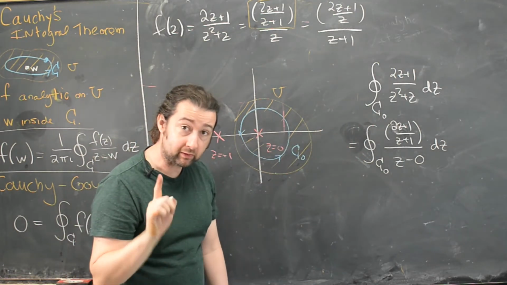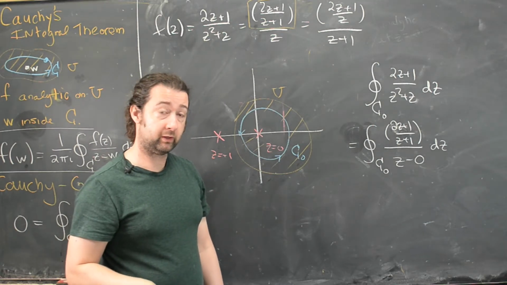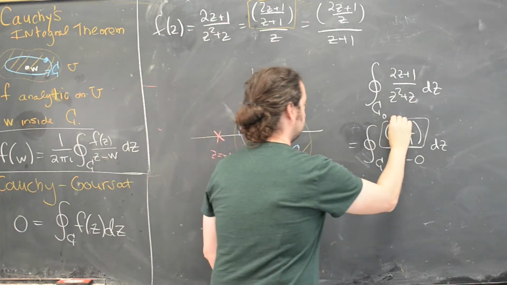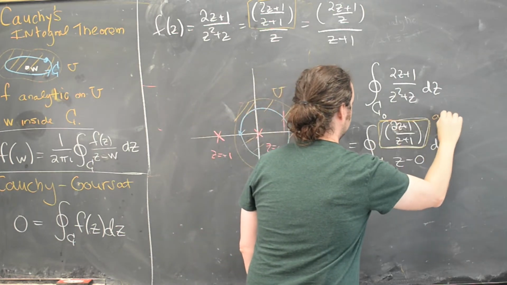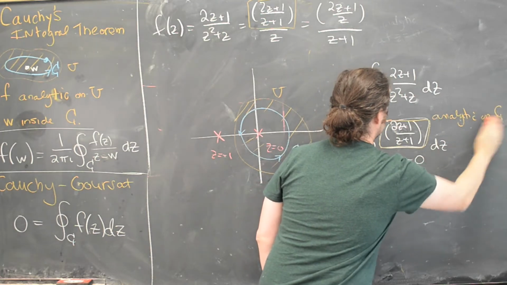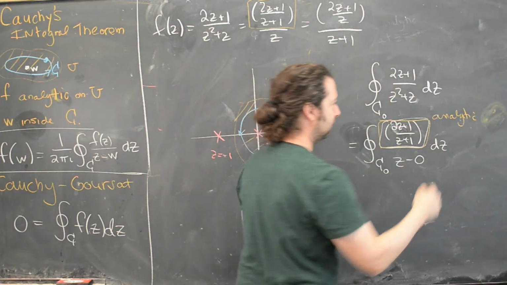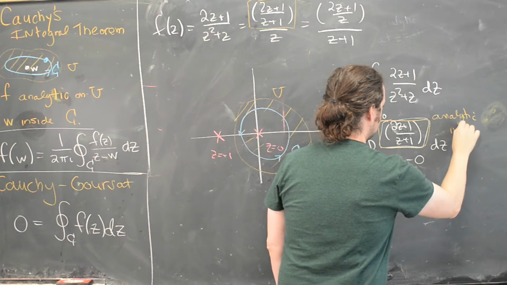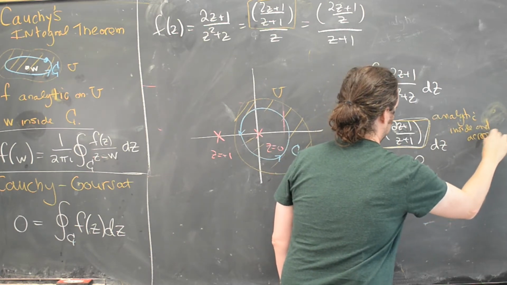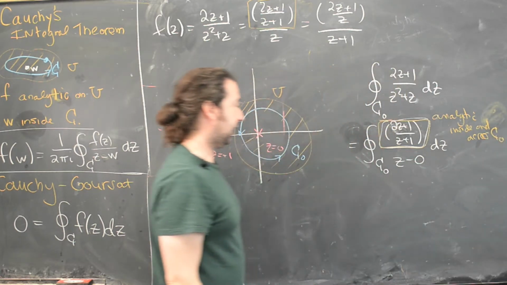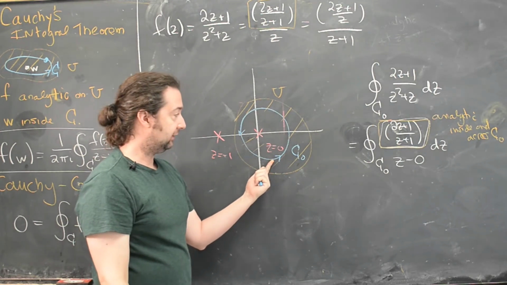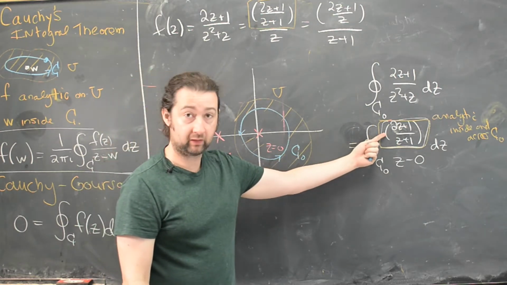But to this integral, the Cauchy integral theorem applies because this function is analytic on C0, or, we'll use Johnston's language here, analytic inside and across C0. I can find an open set that completely contains that circle C0 on which this function is analytic.